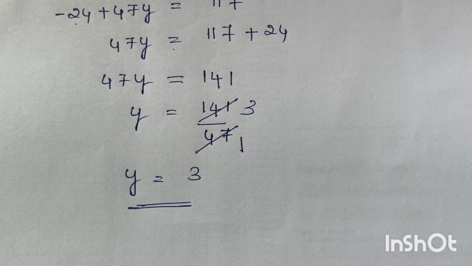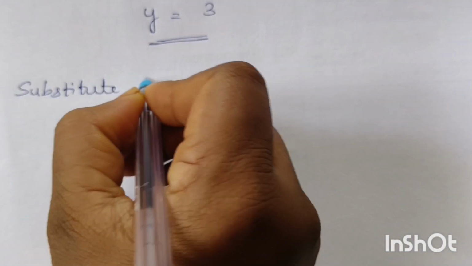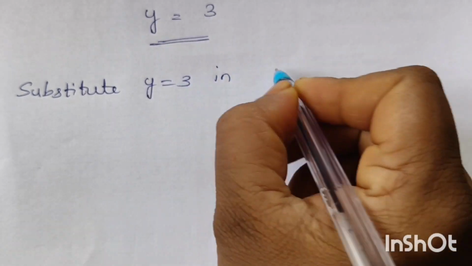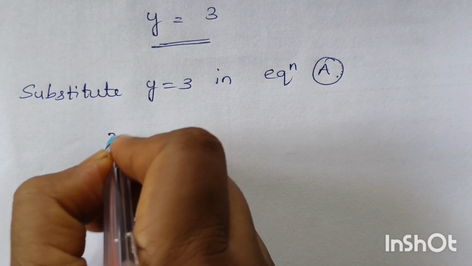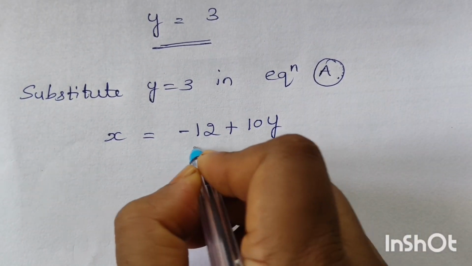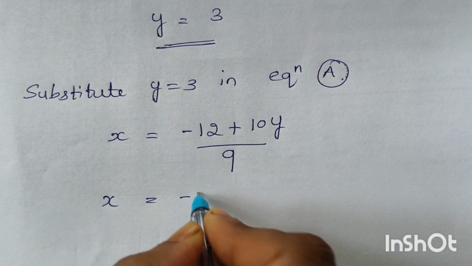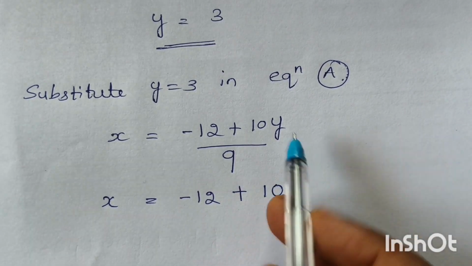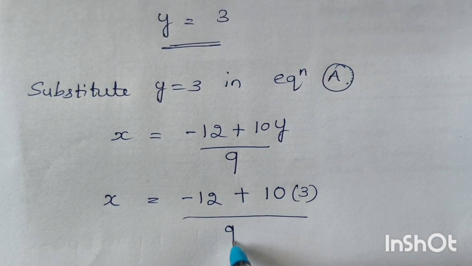Substitute y is equal to 3 in equation A. Our equation A is x is equal to minus 12 plus 10y divided by 9. x is equal to minus 12 plus 10 into y, which is 3, divided by 9.